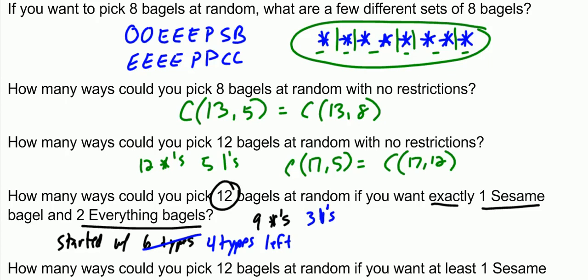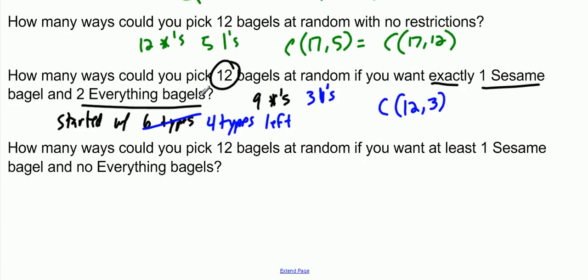That's not 31, that's a 3 and then a partition. So you're going to have a total of 12 characters in your string, and we're going to choose 3 of them to be the bars, or you could have said 12, choose 9. Okay. If you're putting exactly some of certain types in, you basically just remove those from the leftovers that you still have to pick. But then you also have to remove those types because you can't get any more of those.